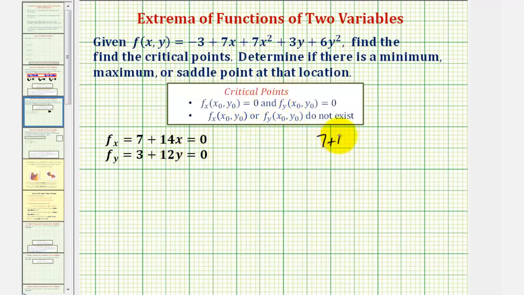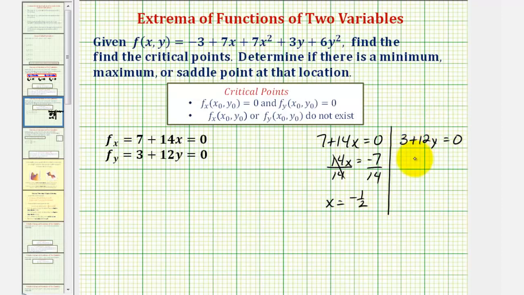If 7 plus 14x equals 0, we would subtract 7 on both sides, giving us 14x equals negative 7. Divide both sides by 14, and we have x equals negative 1/2. And we can easily solve the second equation here for y. 3 plus 12y equals 0.